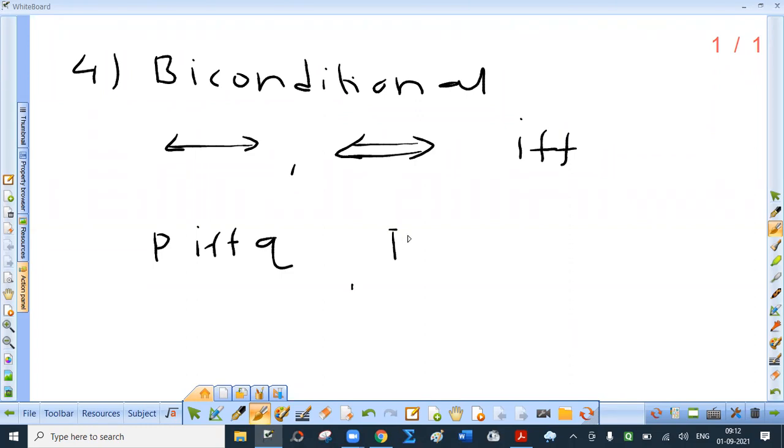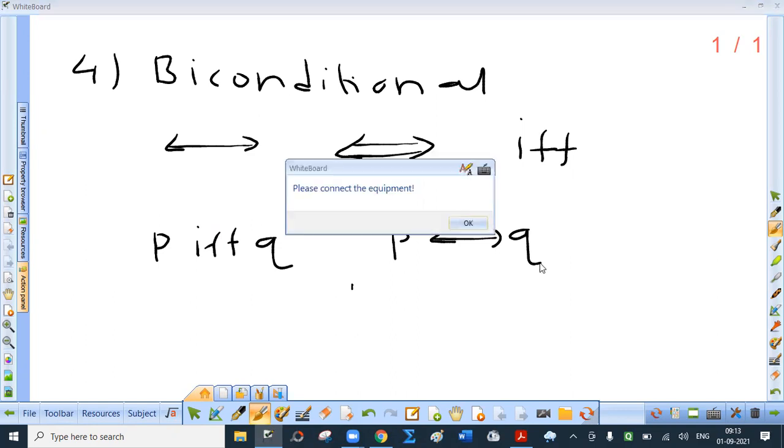And we write this as P, how to read this? P biconditional Q. Or you can read this as P implies, this is interesting, P implies and is implied by whom? By Q. I repeat, P implies and is implied by Q. Now, when I say P if and only if Q, by that I mean P implies Q and Q implies P. P implies and is implied by Q, right?